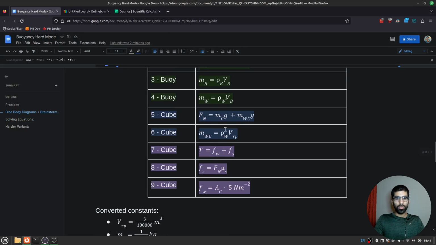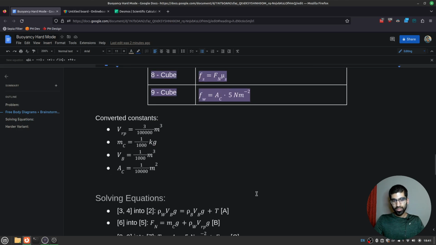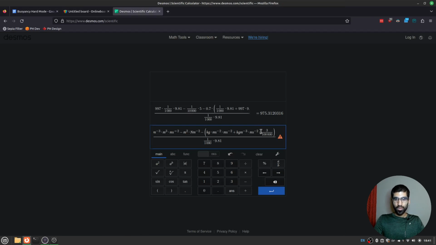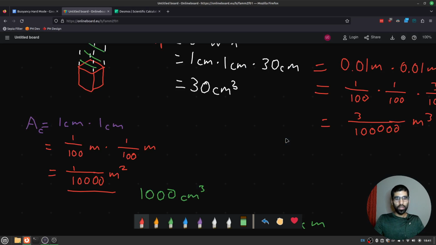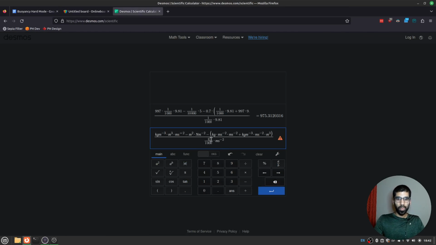Okay, so that's going to be cubic meters. Down here we have again meters per second squared for the gravitational constant, and finally, what's this? It's volume, so cubic meters.